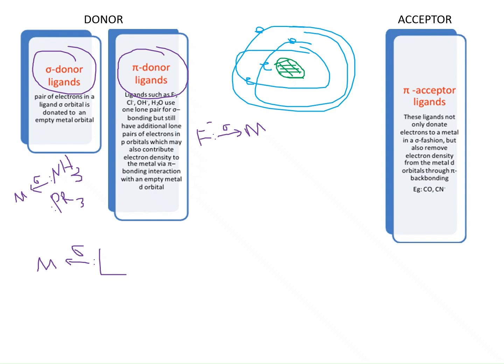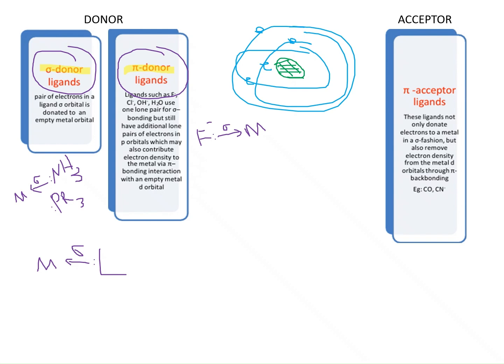So, in order for a ligand to become a donor, whether a sigma donor or a pi donor, that ligand will need to be highly capable of giving electrons.